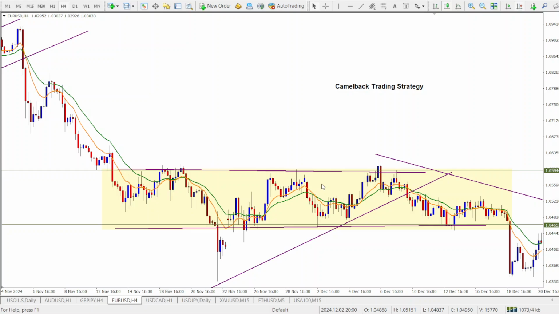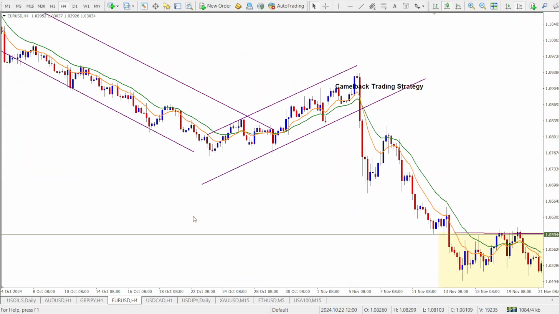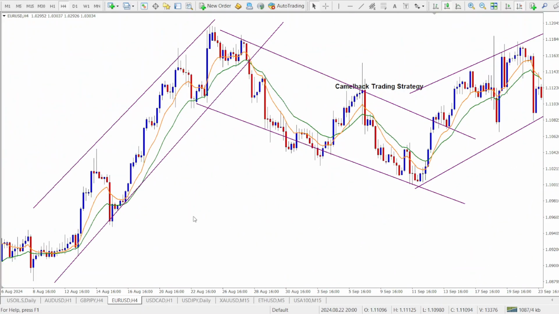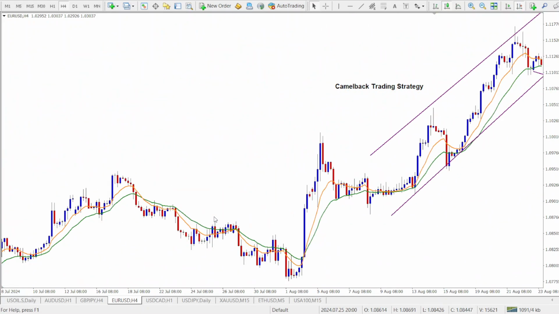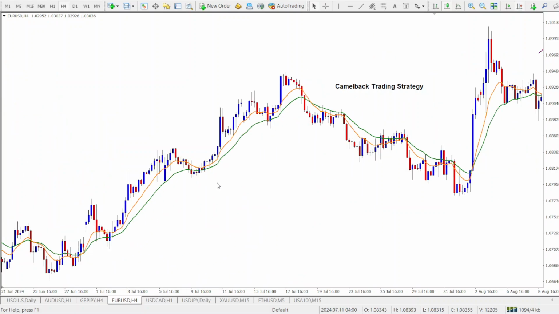Now let us talk about price action. You have to look for areas where the price pulls back to the moving averages. Remember that moving averages are a key component of this strategy. Let's use this as an example.